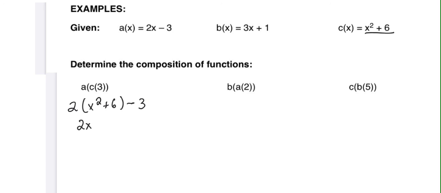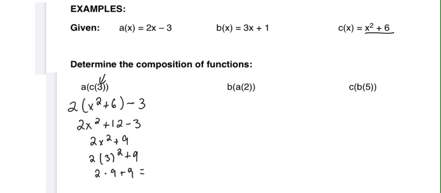So we get 2x squared plus 12 minus 3, or 2x squared plus 9. And now I'm going to plug in 3 for x. So 2 times 3 squared plus 9 is 2 times 9 plus 9, which gives us 18 plus 9, or 27.